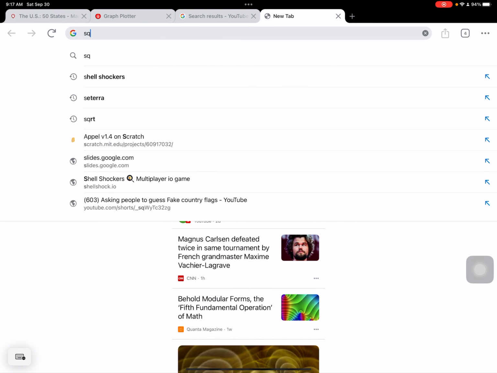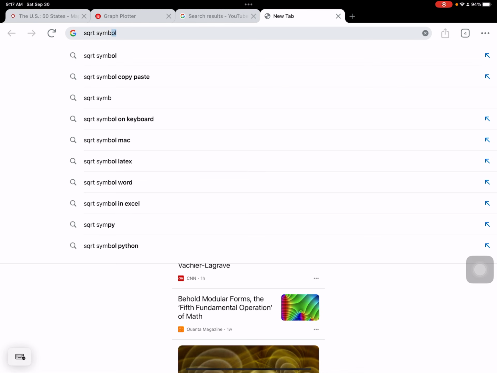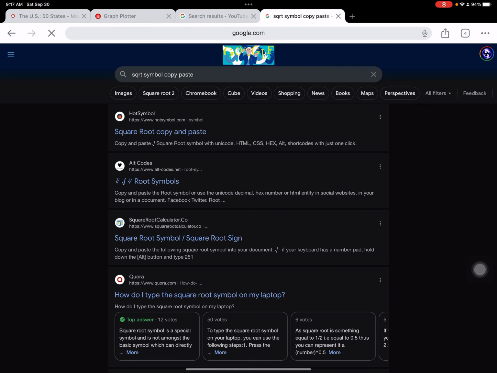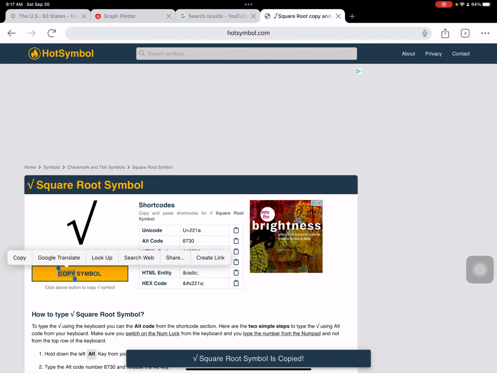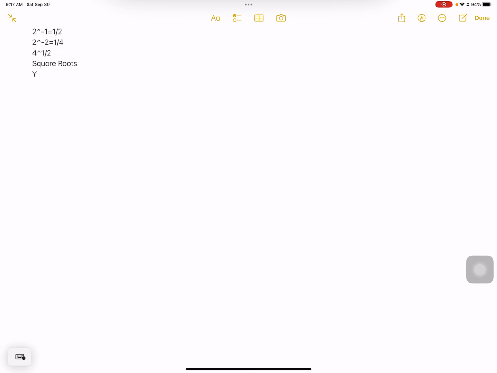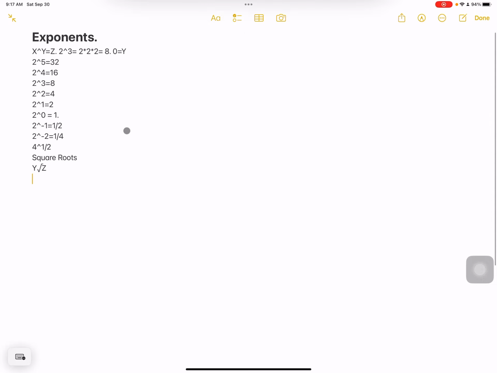I'll copy and paste it. Square root of z. Okay, it's written in this form. Y is the exponent, z is the answer, and the answer you want is x, the base of our equation.